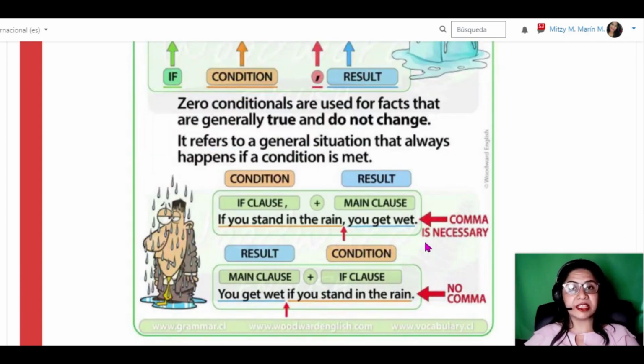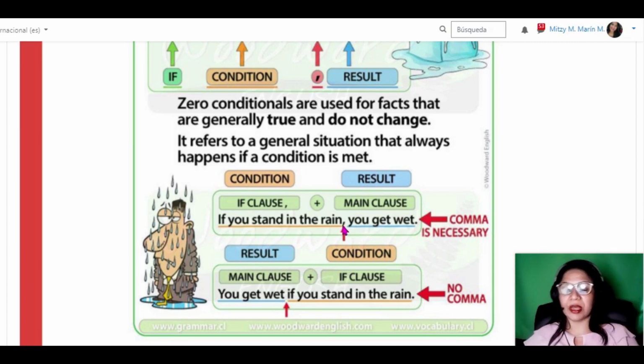Then we have the situation of the position of the condition and the result. Related to this, we are going to use a comma or not. For example, we have here the if clause. If we have it in the first position, the comma is necessary, okay? And the result condition, that is the main clause, is in the second position, so we have a comma here in the middle.